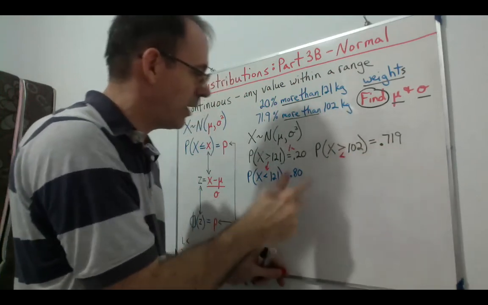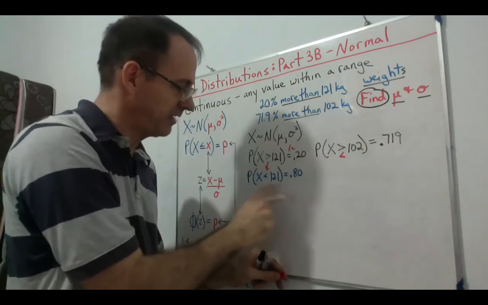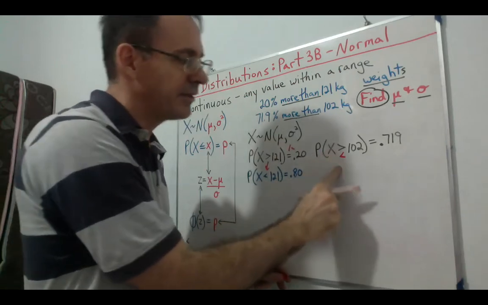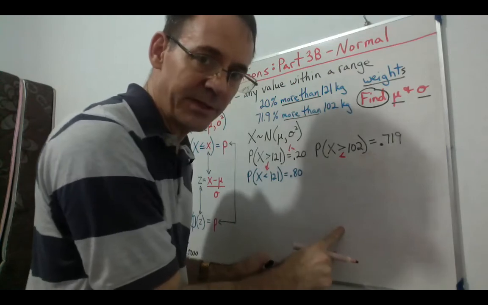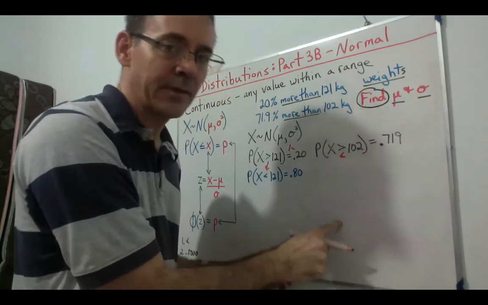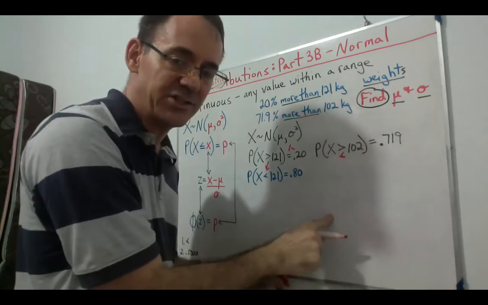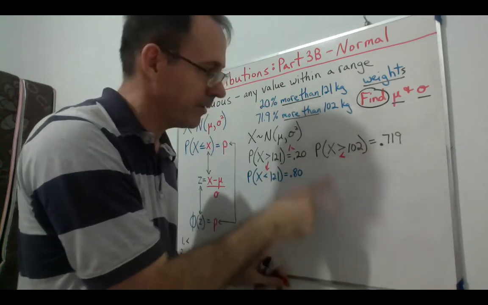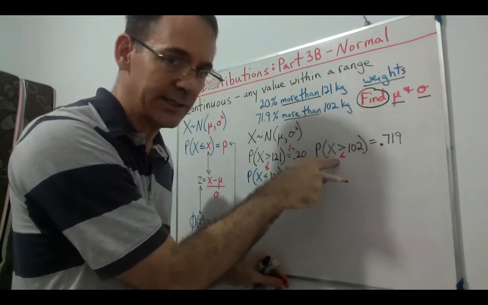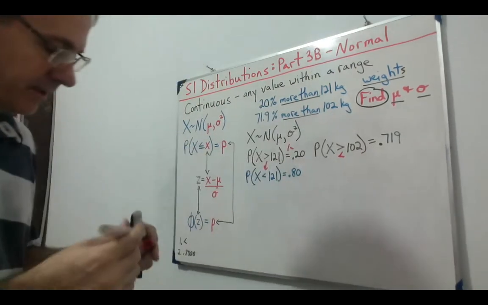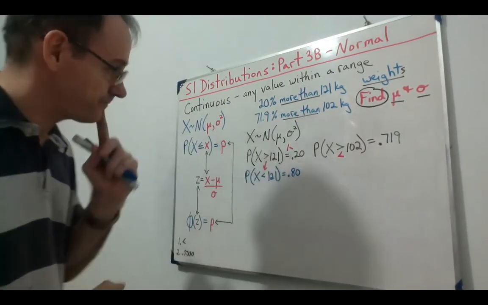Whereas on the first one, we were able to make that adjustment right away, this one we can't make the adjustment until we get to the z number. Then we can still use this probability, but we have to change it to a negative z because we want to flip the inequality. So that's the issue we're dealing with.